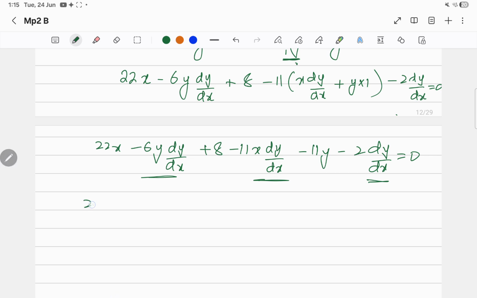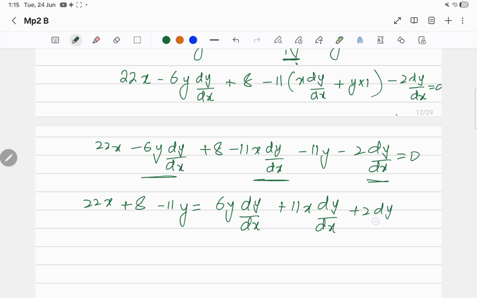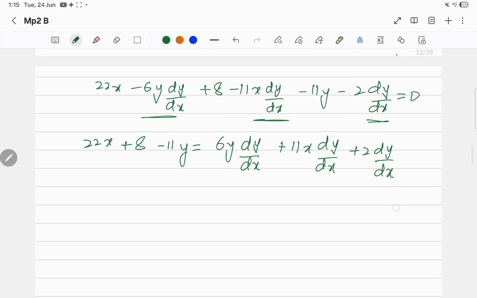So keep 22x on the left, plus 8 on the left, and minus 11y on the left hand side. If you take this minus 6y dy over dx to the right, it will be positive 6y dy over dx. If you take this term to the right, it will be positive 11x dy over dx, and this term will be positive 2 dy over dx.